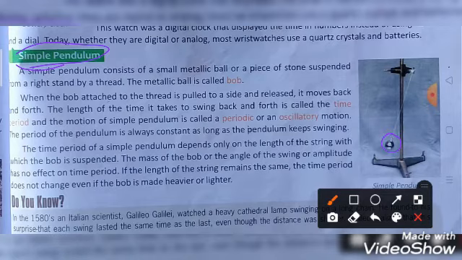This is the bob or metallic ball, and this white one is the string. Here in this simple pendulum, you pull this metallic ball to the side and then release it. Then this metallic ball will swing back and forth.